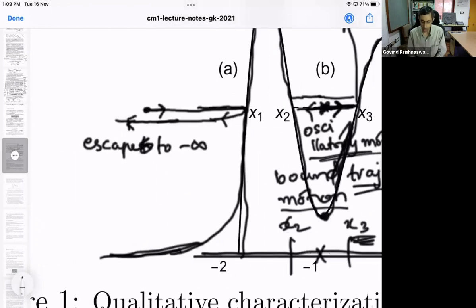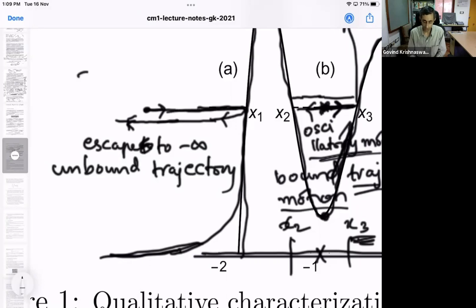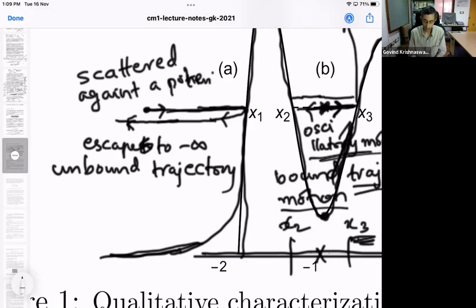So we would call this an unbound trajectory. It has scattered against a potential. It came in from infinity, scattered against a potential barrier, and went out back to infinity. Okay, so that is the story here.